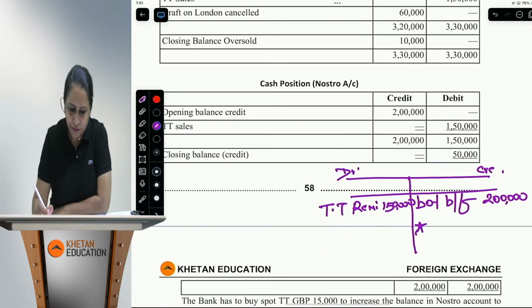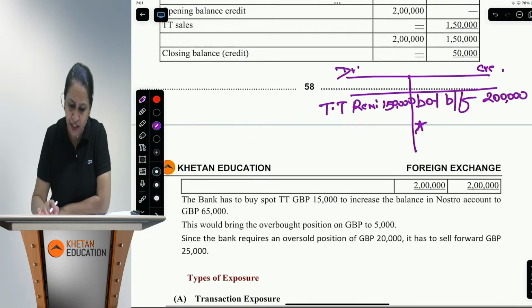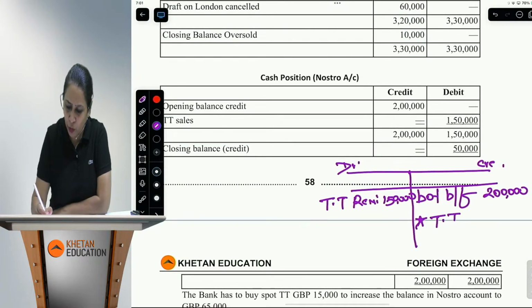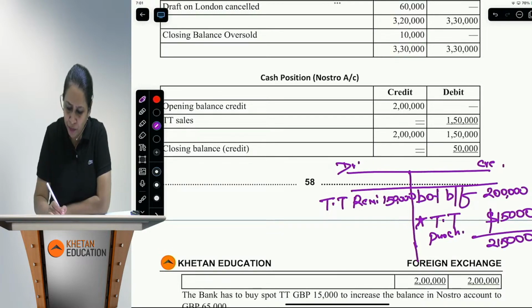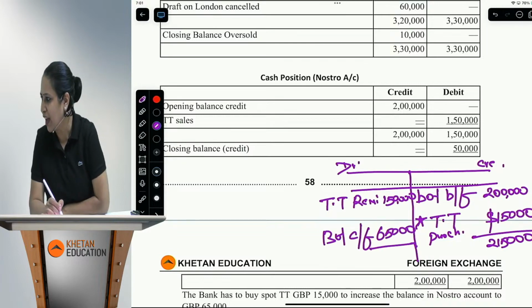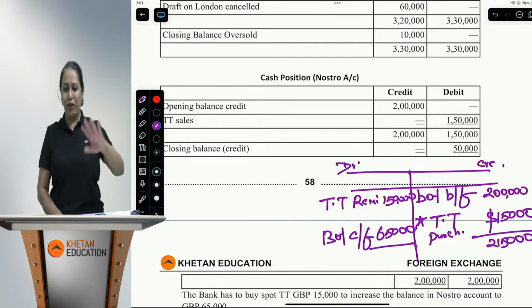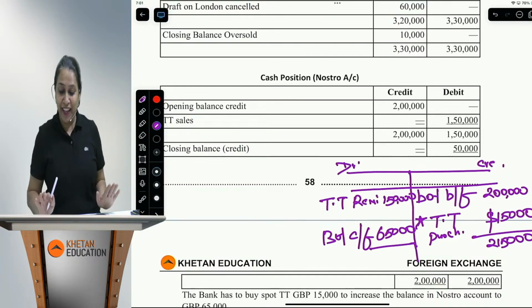So can I not take, like what they wrote, TT purchase here? If I purchase TT of $15,000, the total will become 2,15,000. Okay, so I'm saying here that balance brought forward is 2 lakh and TT, this is an artificial entry.